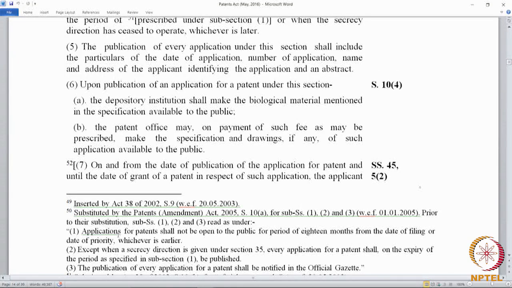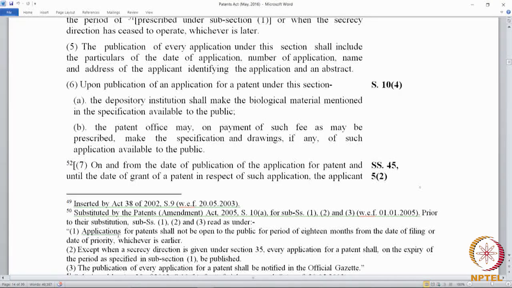So, 11A(5) deals with the publication of an application, and the corresponding provision where the grant is published can be found in section 43(2). 43(2) states that on the grant of the patent, the controller shall publish the fact that the patent has been granted, and thereupon the application, specification and other documents related thereto shall be open for public inspection.